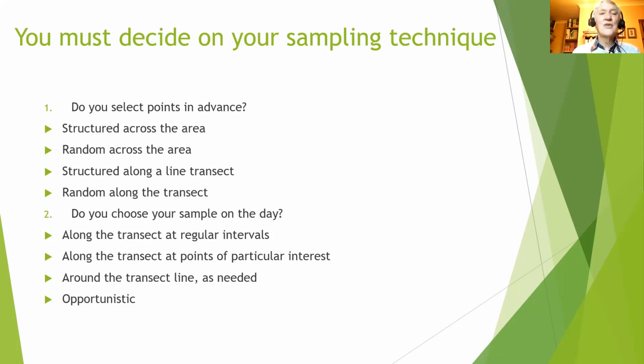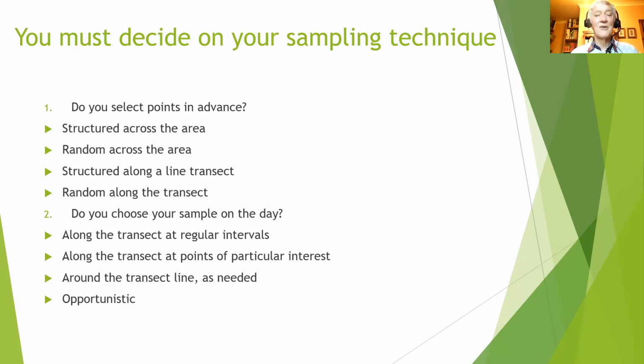Am I going to choose some random way of sampling along that transect line? Am I going to do a random sample across a wider area than the sample line? You might decide to choose your points in advance. Or you might say, I'm going to wait till the day. I'm going to wait till I'm actually out in the field and then do my sample.